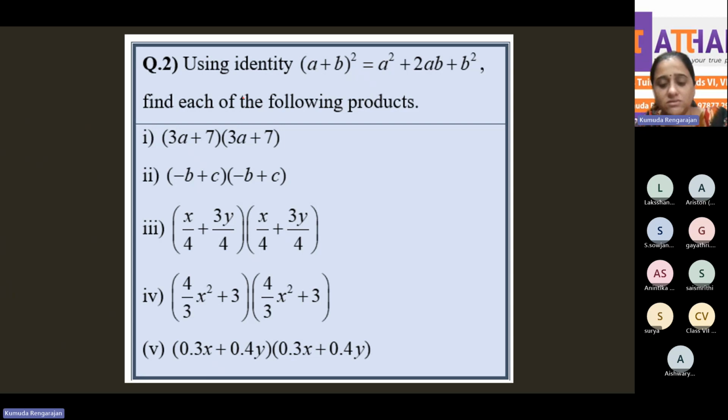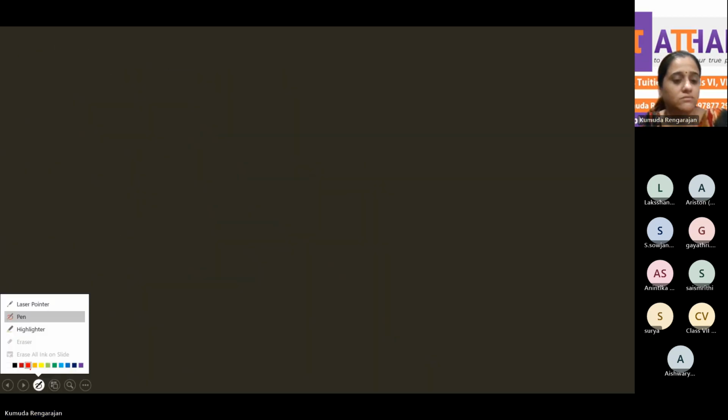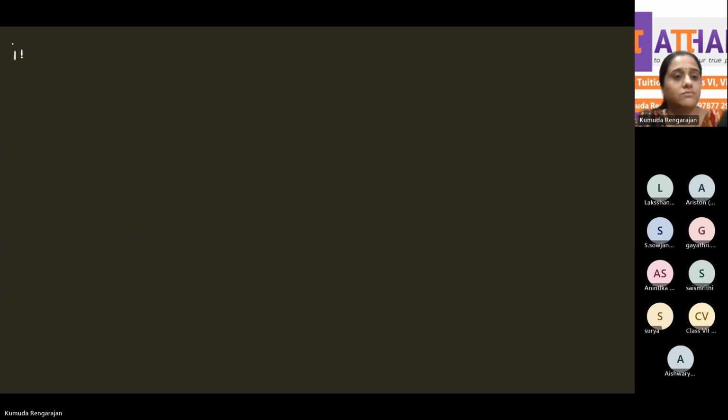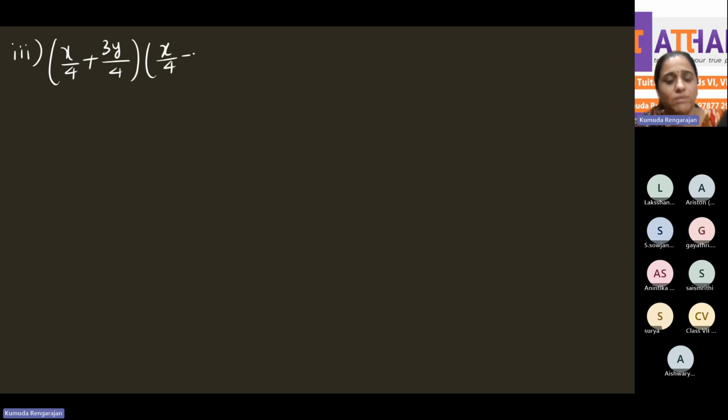x by 4 plus 3y by 4 into x by 4 plus 3y by 4. So this is nothing but x by 4 plus 3y by 4 the whole square.